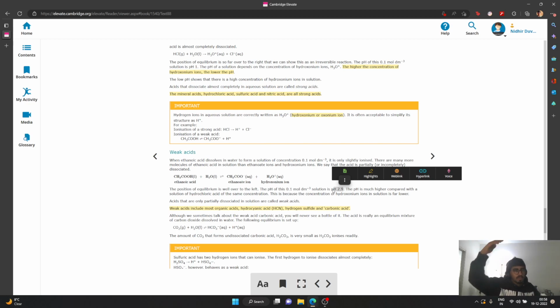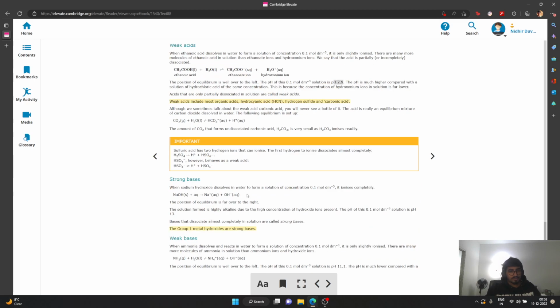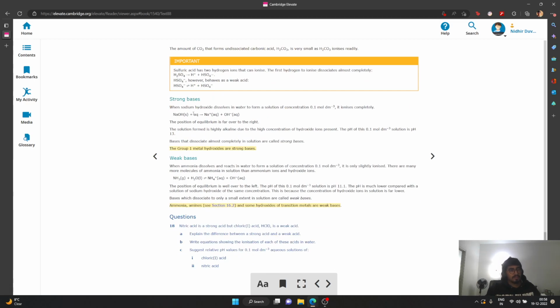On the base side, it will be the opposite. If you take an alkali and put it in water, if all of the alkali breaks down to give you all of the OH minus, say you put in 0.1 moles per decimeter cube of alkali, then it gives you 0.1 moles per decimeter cube of OH minus.